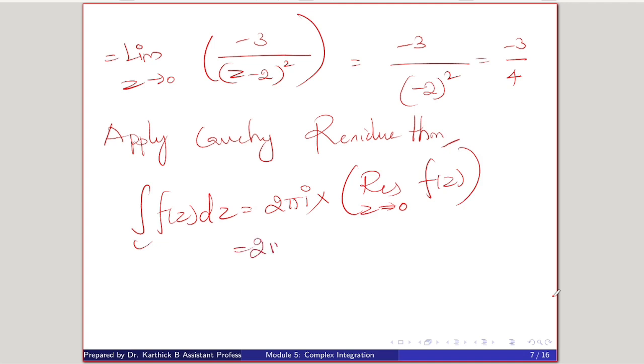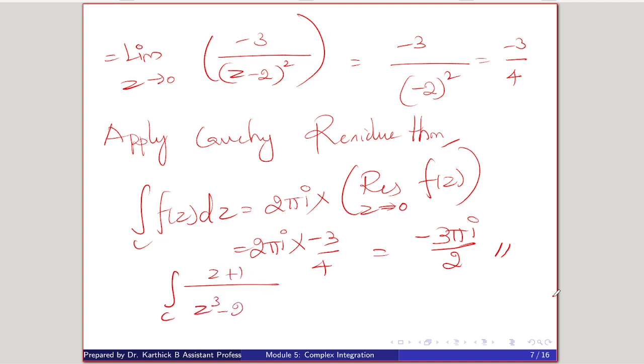So finally 2 pi i into minus 3 by 4. So minus 3 pi i by 2 will be the final answer. So what the problem asked for, the integral of z plus 1 by z cube minus 2z square dz, will be minus 3 pi i by 2.